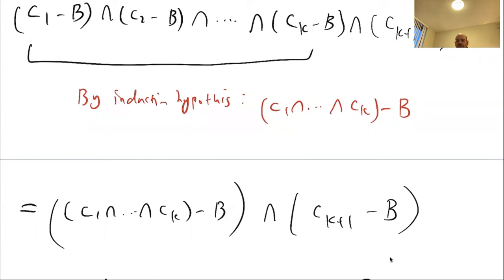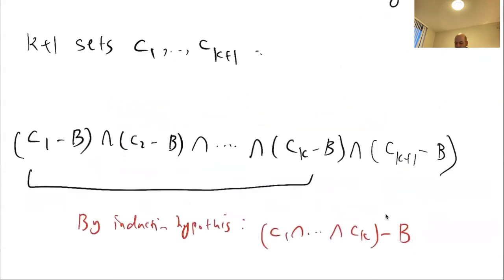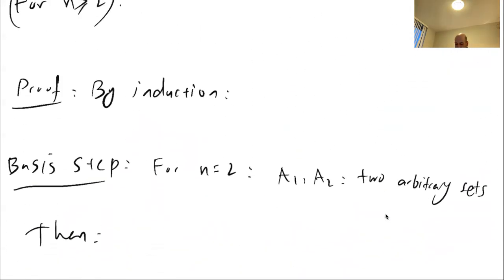And how can I simplify this further? I have something of the form, let's say, (D minus B) intersection (E minus B). This has already been simplified as part of the basis step. Look at the basis step. What did we do there?